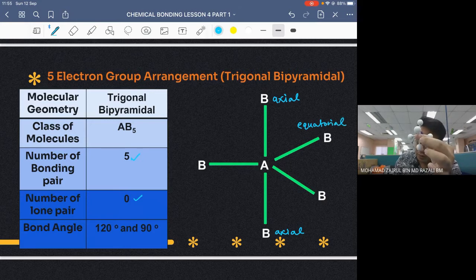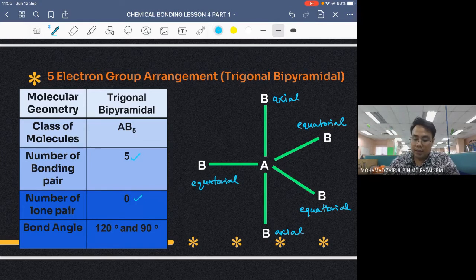So in a trigonal bipyramidal, you are going to have 2 axial atom and 3 equatorial atom.